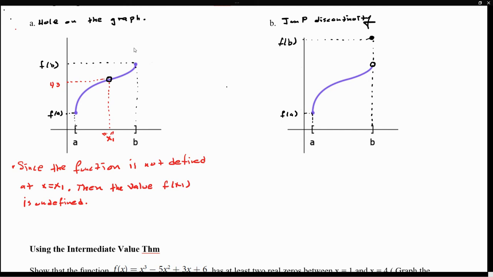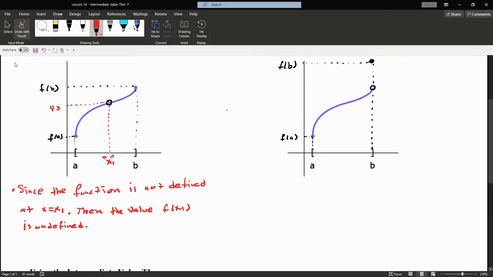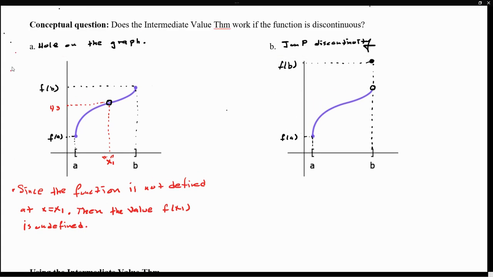And the intermediate value theorem is saying that any value between f of a and f of b. But notice that I can choose, let's call my y3 to be somewhere here. Let's say that I'm interested in this y value, because again, this y3 is definitely between f of a and f of b. So it meets the criteria of the intermediate value theorem.